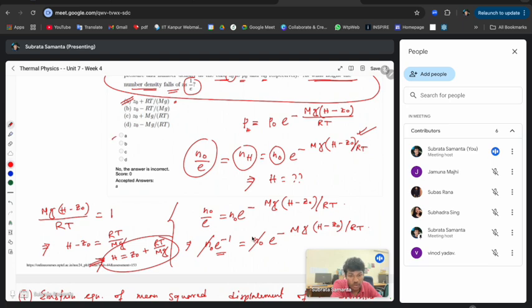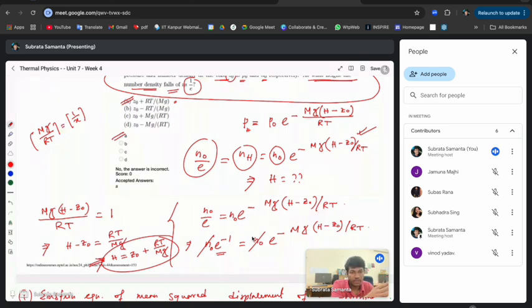You can also check by dimensional analysis. RT over mg or mg over RT: you see that there are two options with mg over RT. The dimensions of mg over RT are those of 1 over length, so you cannot add it to a length.